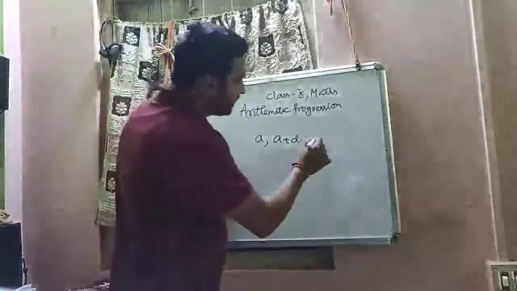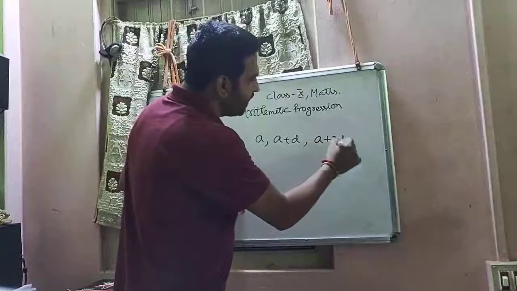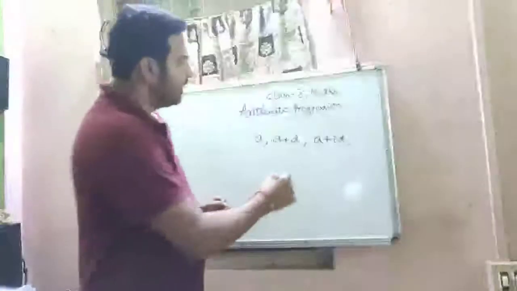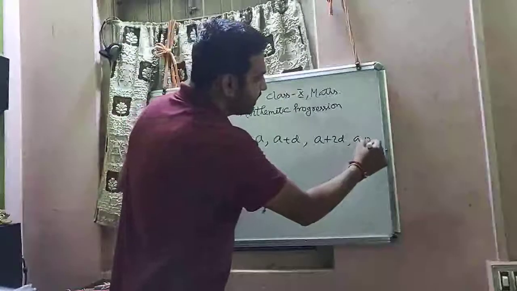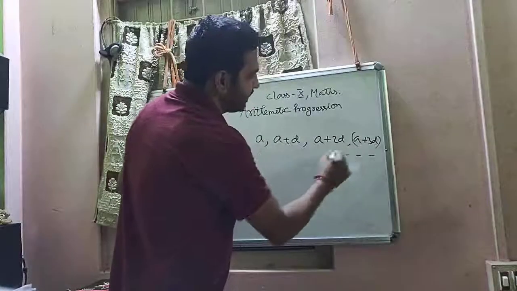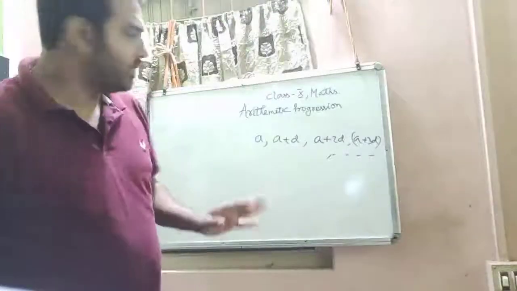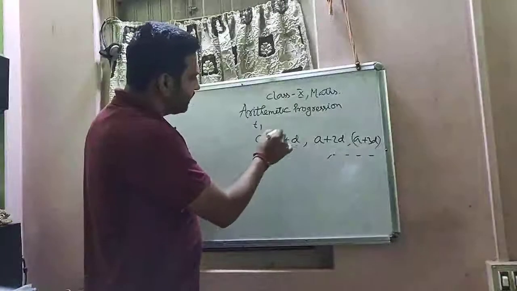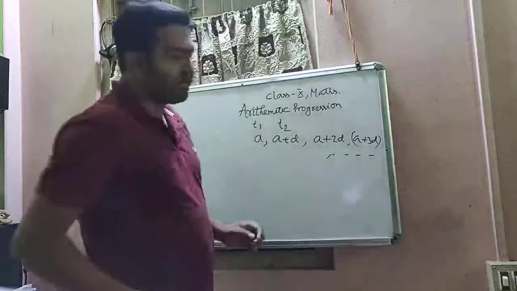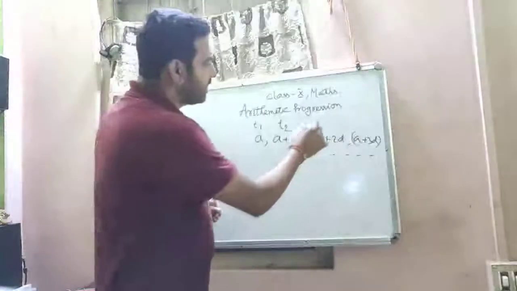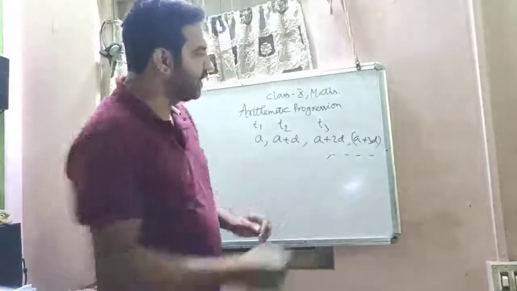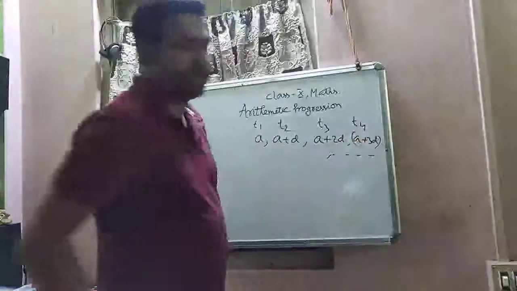Similarly, how to write the third number? A plus 2D, D plus D. Then A plus 3D, like this, because the common difference is D. So A is the first term, second term is A plus D, third term is A plus 2D, fourth term is A plus 3D.